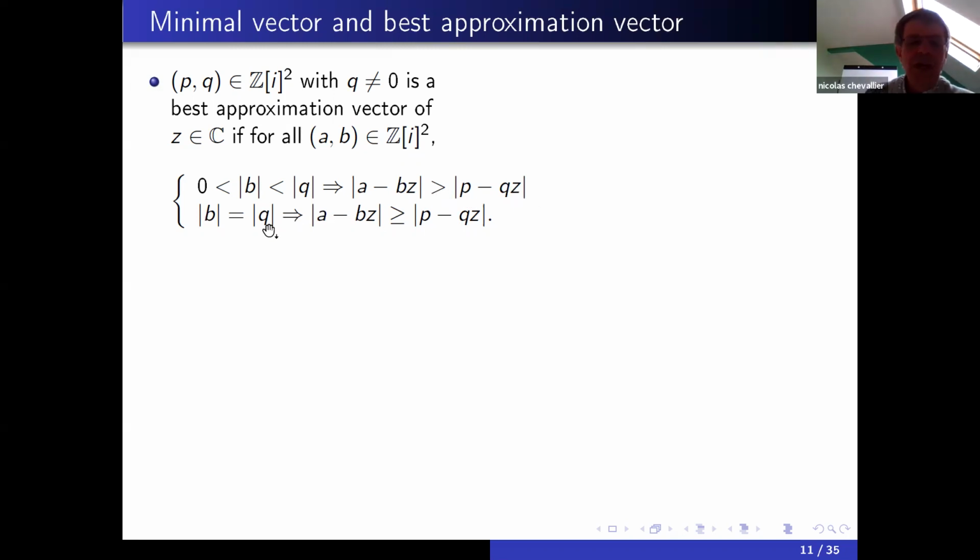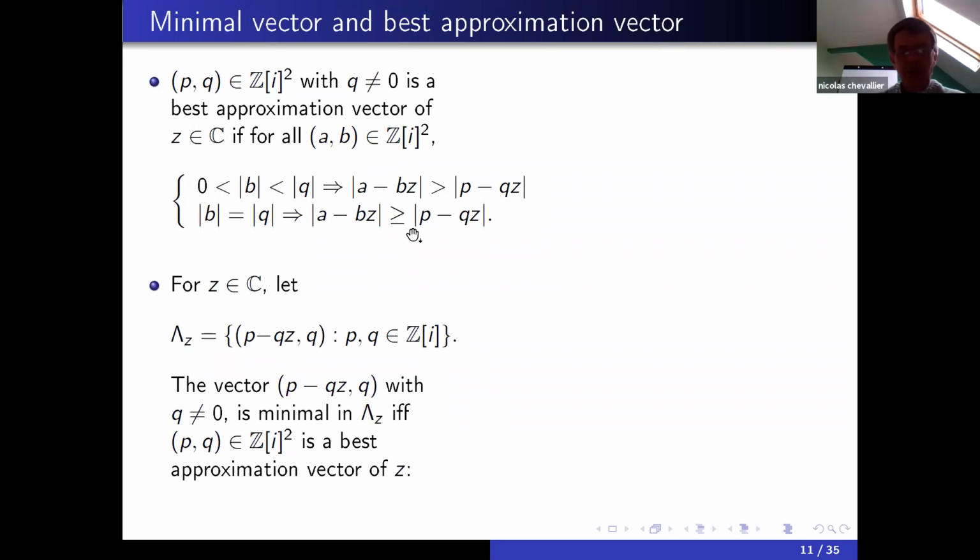And if you take B of the same modulus as Q, then the inequality must be large, because it can happen that for some other pair you have the same value. And in fact, PQ will still be a best approximation vector.